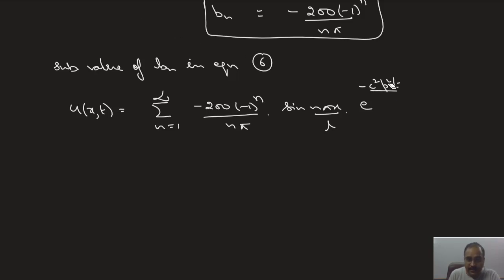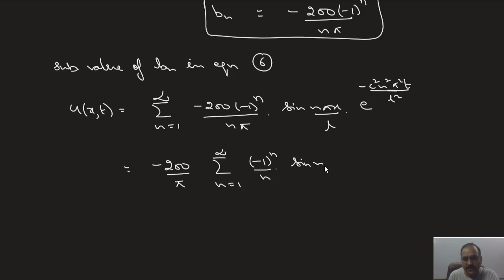We need to substitute the value of p square also: c square n square pi square t over l square. Since minus 200 over pi is constant, I can take it common. Minus 200 over pi common. So we have summation n from 1 to infinity. We have to keep all those terms which consist of n inside this bracket: sin n pi x by l into e raised to power minus c square n square pi square t over l square. So this is our final temperature distribution function.